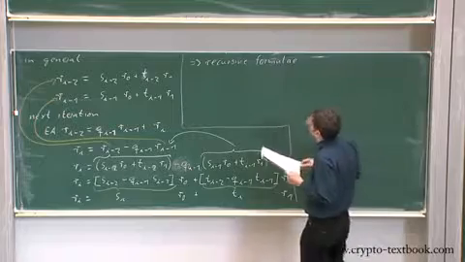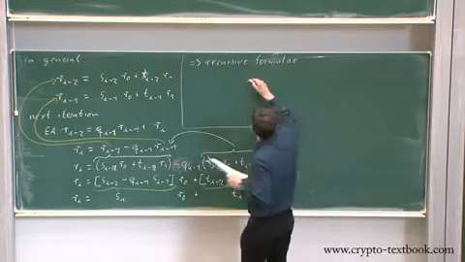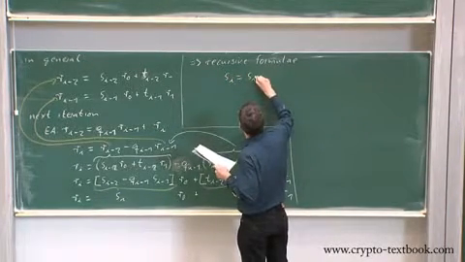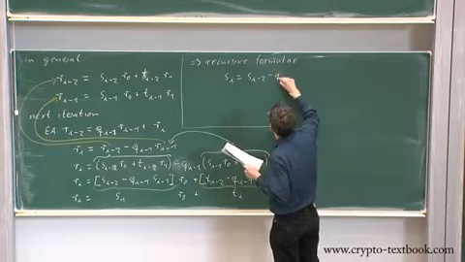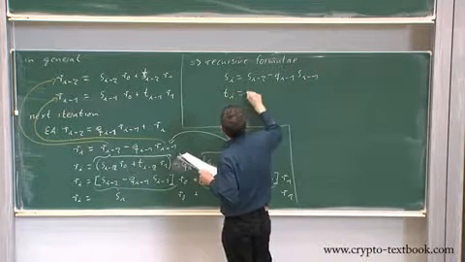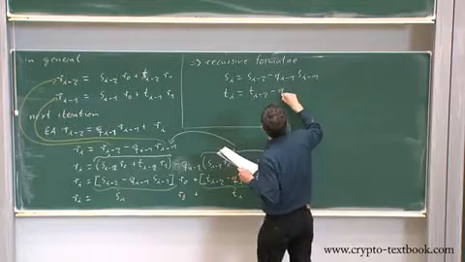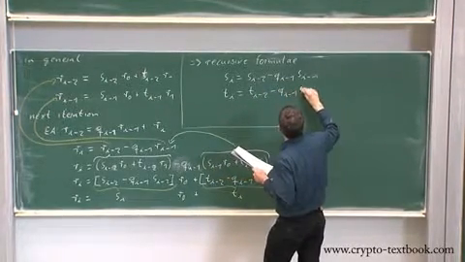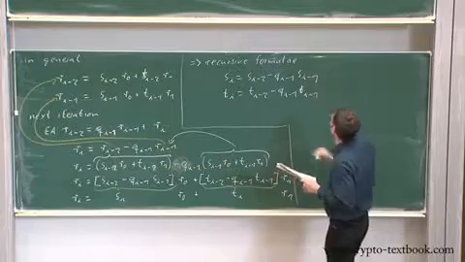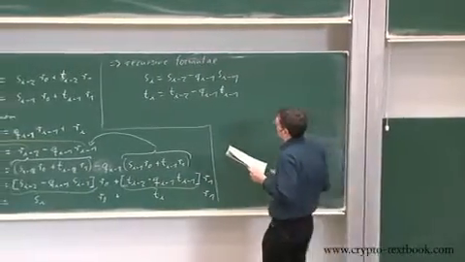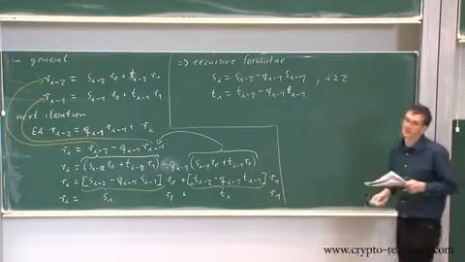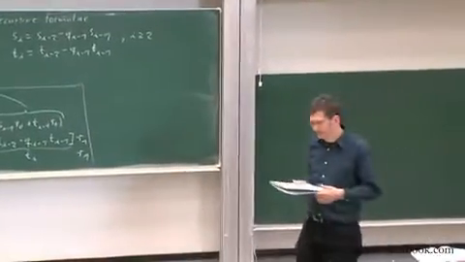Recursive formula for the S coefficients, namely Si is Si minus 2 minus Qi minus 1 times Si minus 1, and exactly the same formula holds for T. Okay, and this holds for i starting at 2, so 2, 3, 4, 5, and so forth.